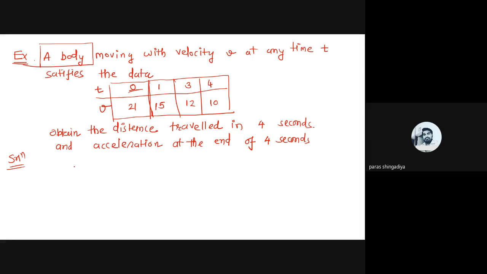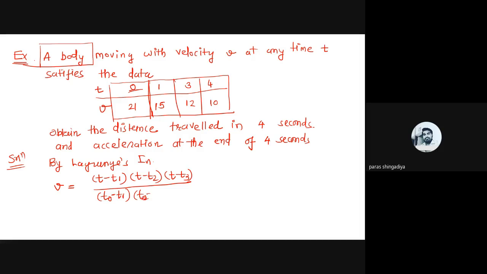So the formula of Lagrange interpolation: you have to predict the velocity v, and v is equal to (t minus t1)(t minus t2)(t minus t3) divided by (t0 minus t1)(t0 minus t2)(t0 minus t3).